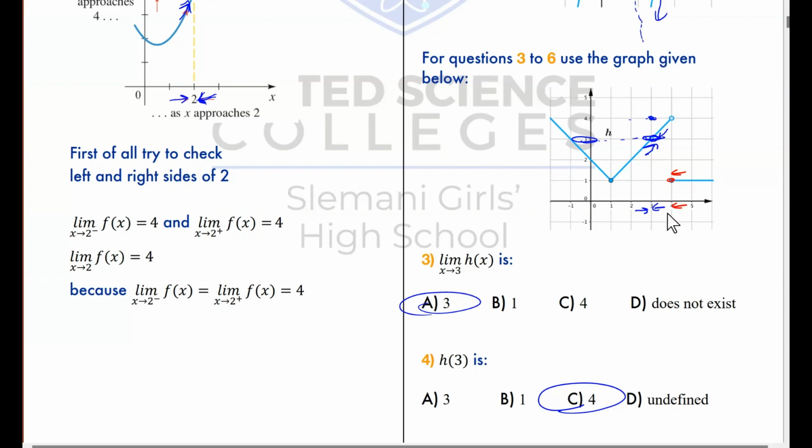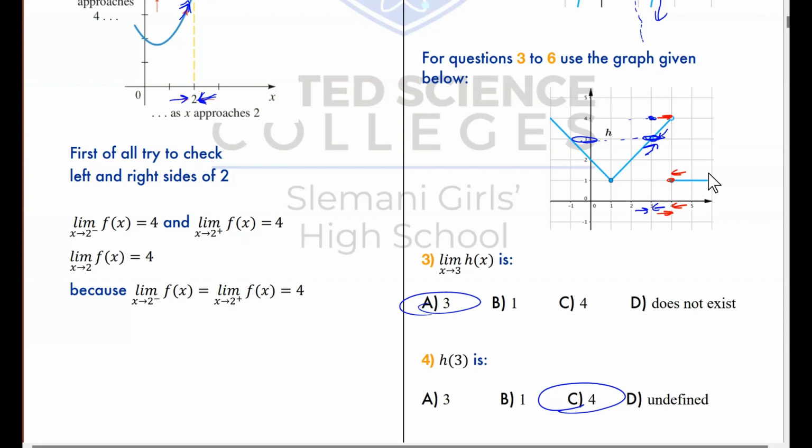But when I approach 4 from the left, the other part of the graph is tending to this point. So as you can see, there are two different points that my function is approaching. As we mentioned before, in order for us to have a limit, the function from the right and from the left should approach the same point, not two different points.